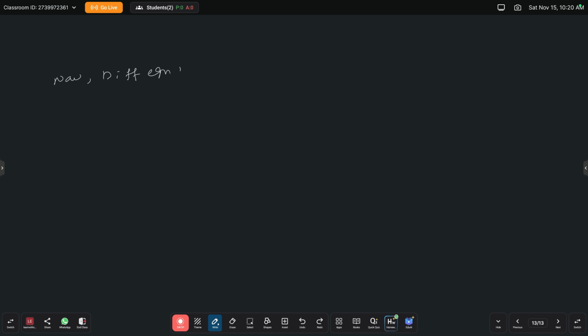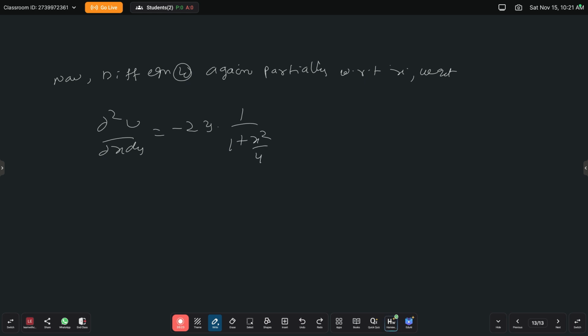Differentiating equation 4 again partially with respect to x, we get ∂²u/∂x∂y is equal to minus 2y into 1 by 1 plus x square by y square, tan inverse of x, 1 by y, plus 1.